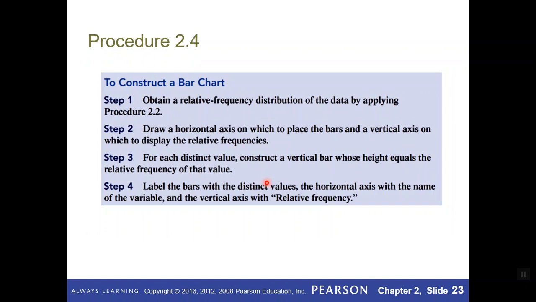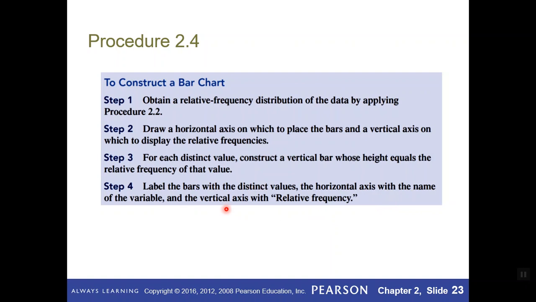First obtain the relative frequency distribution, then draw a horizontal axis and place the distinct values on the x-axis. Then on the vertical axis we mention the frequencies, and label the bars with distinct values and the horizontal axis with the name of the variable, relative frequencies or frequencies.